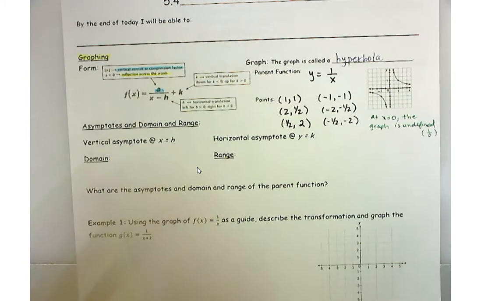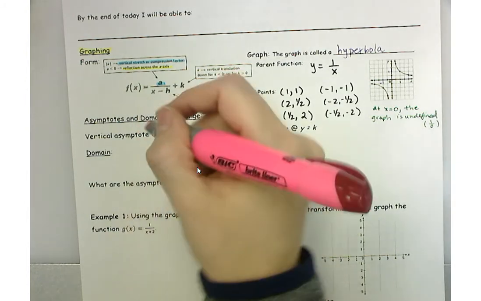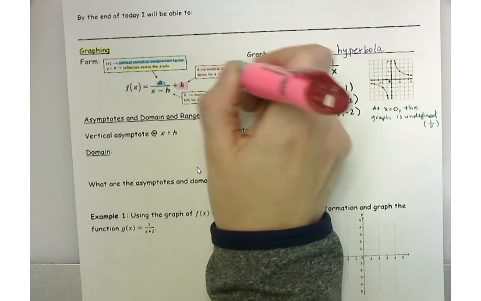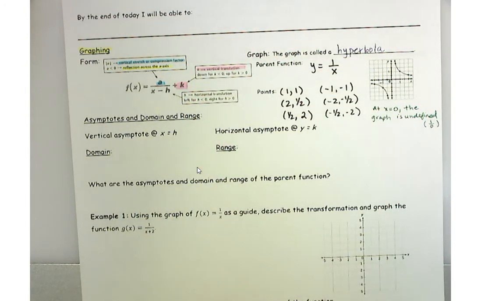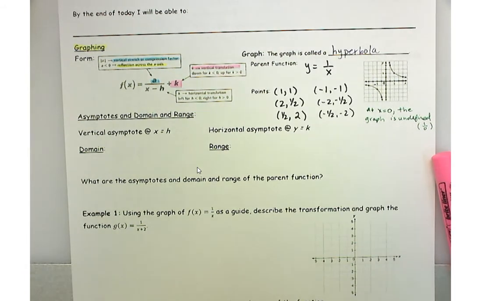The vertical translation is always added to the outside. So if you have plus K here, that is telling you whether the graph is moving up or down. Again, that's exactly the same thing that we did earlier on. And then on the bottom, the x minus h, that value of h represents the horizontal translation.